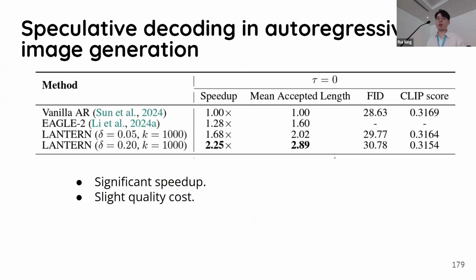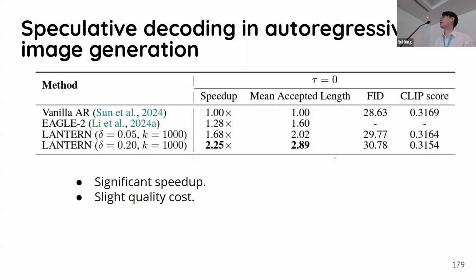So how about the results? From this table, we can see the compared methods, including the vanilla autoregressive decoding, and the metrics, including the speedup and the mean acceptance length. These two metrics are about efficiency, and the FID and the CLIP score reflect the generation quality.